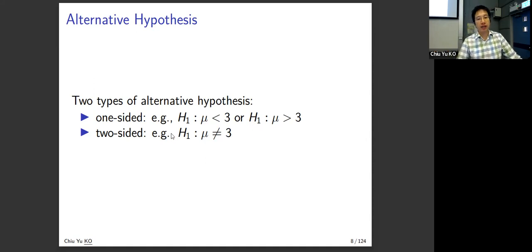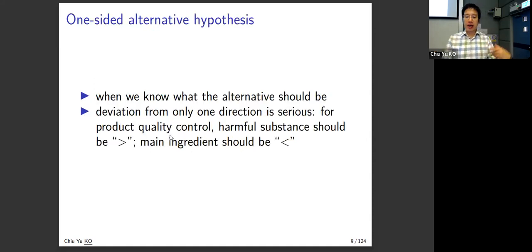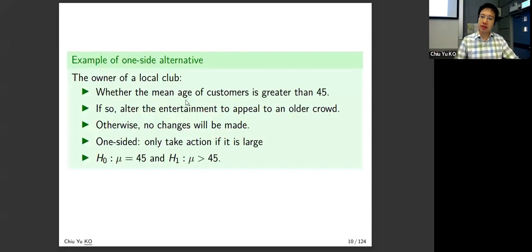The idea behind it is what happened, or what you might know the deviation or variation can be. For example, you would want to take some action when the mean age of customers is more than 45, so you want H1 to be more than 45, because if it is less than 45, you will not do anything. That is the idea behind one side versus two side.